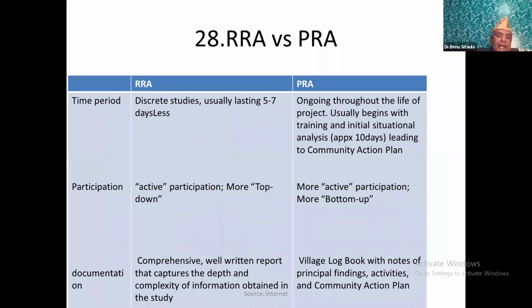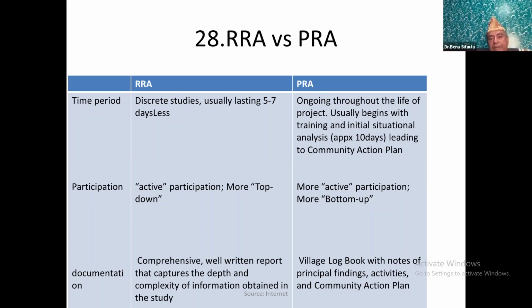Similarly, if we talk about the time period, RRA describes discrete studies, usually lasting 5 to 7 days. But the PRA takes approximately 10 days. And if we talk about participation, in the RRA it is active participation from top to down.